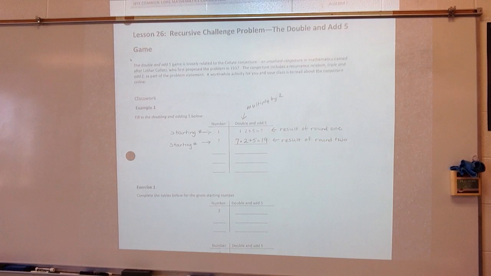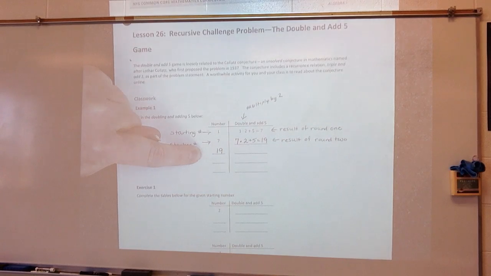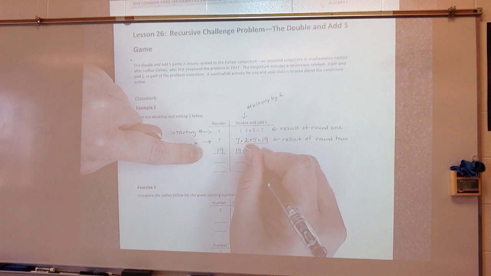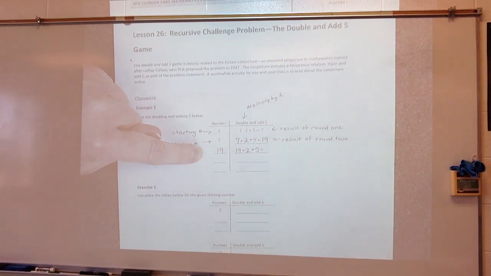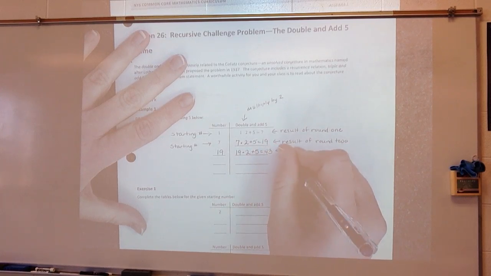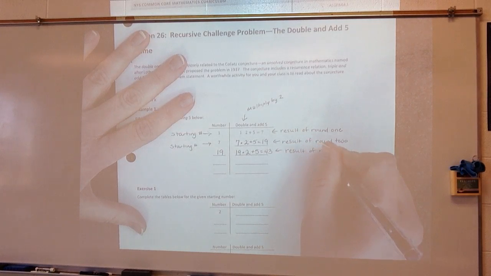Now I'm going to take 19. So I'm going to double and add 5. So 19 times 2 is 38. 38 plus 5 is 43. That's my result of round 3.